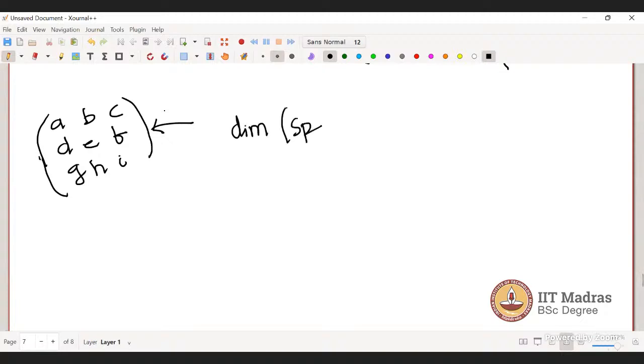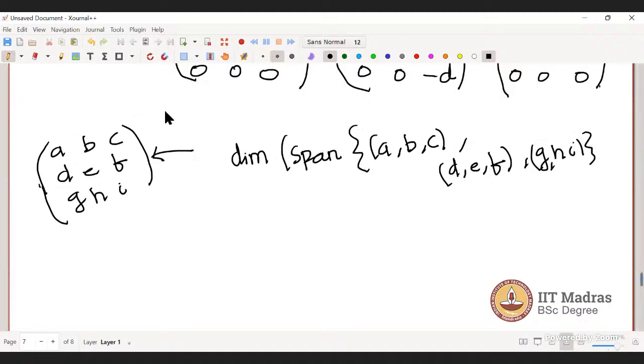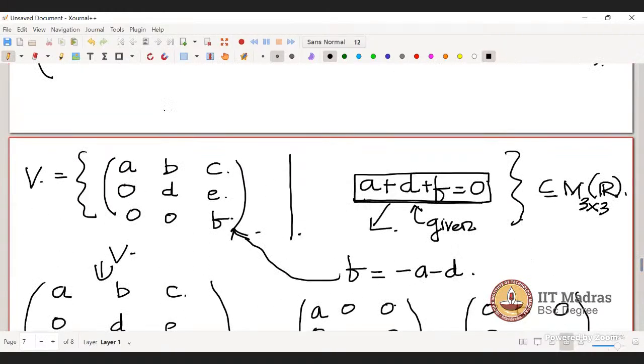Dimension of span of this set A, B, C, D, E, F, G, H, I. Okay. So this will give you the dimension of this space. So if my vector space is this V, then dimension of V is basically rank of this matrix. Okay, but here as you can see, the V is completely different.